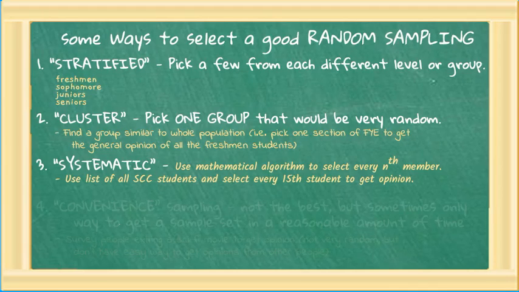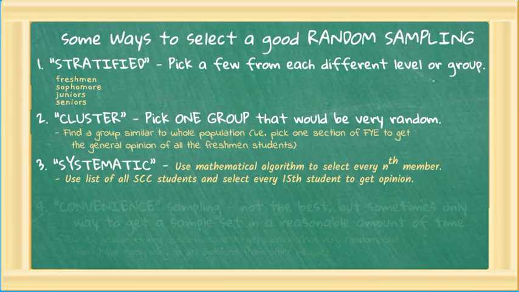That's pretty good random, because it's not going to pick all freshmen, it's not going to pick all men or all women or all of one type. We're pretty sure that we would get some of every type, and that group would represent the bigger picture of what all the people at South Central would look like on a smaller scale that we can work with and get questions answered.